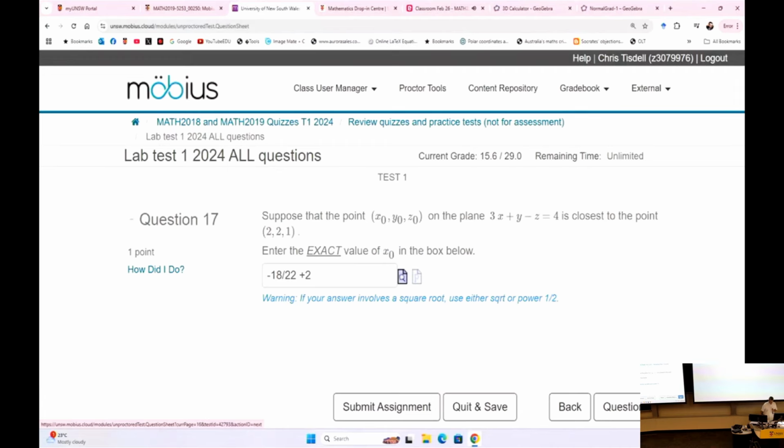Let's see if we can solve this one. So imagine we're blowing up a balloon, but the balloon is centered at 2, 2, 1. It's no longer at the origin, it's been moved. We blow it up until we hit the plane. Geometrically, that's one way of looking at it.